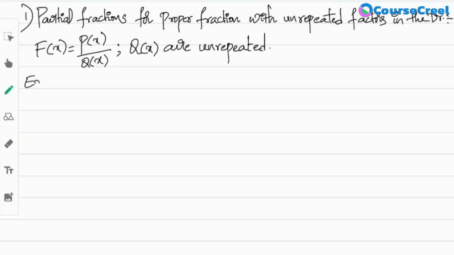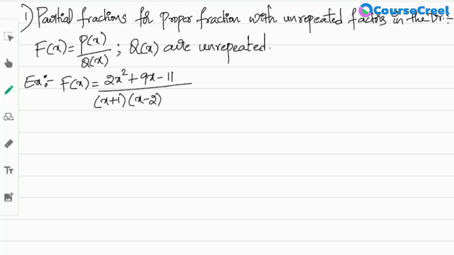So let us see with an example. F of x is equal to 2x square plus 9x minus 11 by x plus 1 into x minus 2 into x plus 3. So this is the case where the denominator has unrepeated factors. First of all, check whether this fraction is a proper fraction or not.